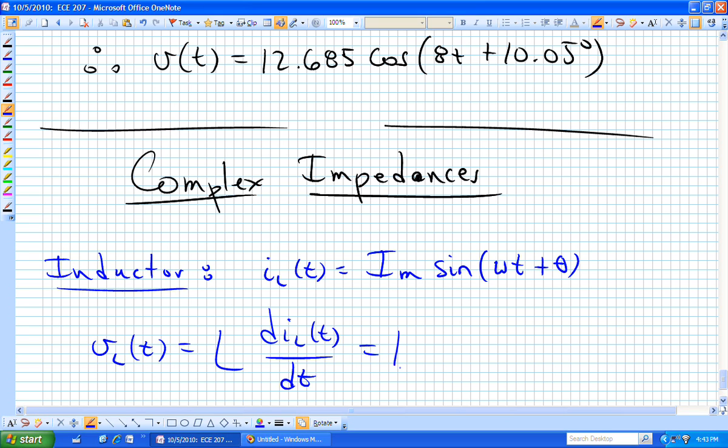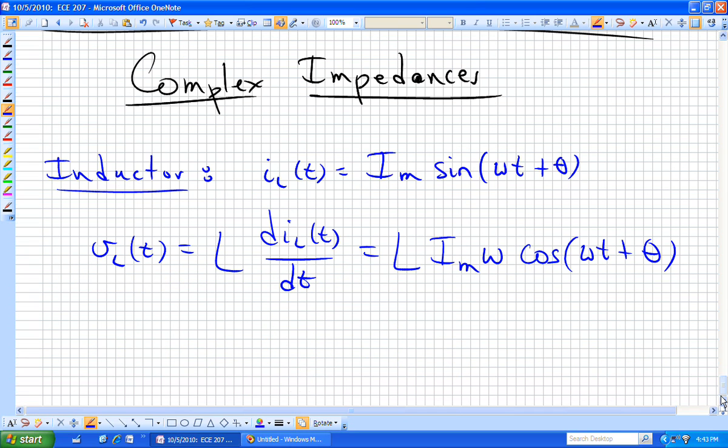Meaning, we now have L, I sub m we keep, and omega cosine omega t plus theta. Okay? So we now can say that V sub L of t is omega L I sub m cosine omega t plus theta.